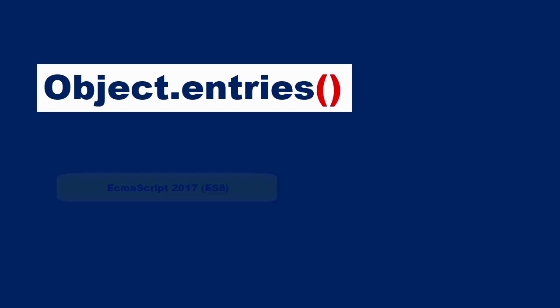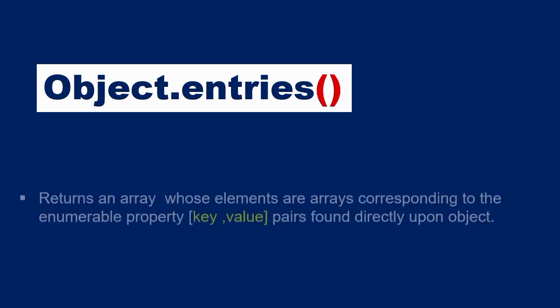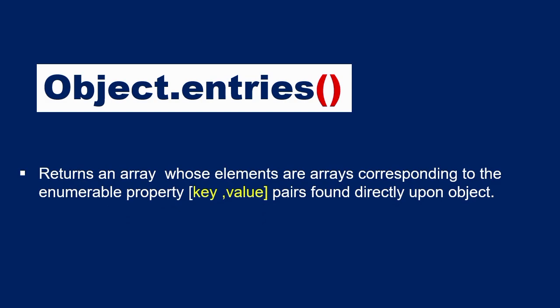The Object.entries method is a new add-on feature to ECMAScript 2017, also referred to as ES8. The Object.entries method basically returns an array whose elements are arrays corresponding to the enumerable property key value pairs found directly upon the object.